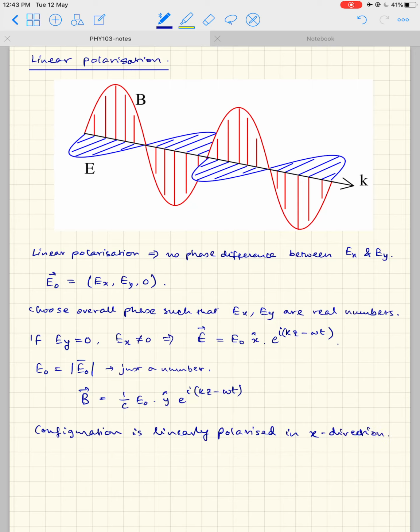Very good. So you can, of course, now have something which is also linearly polarized in the y direction.